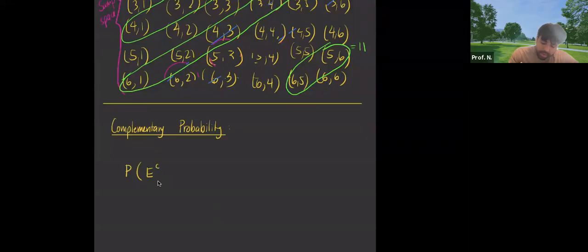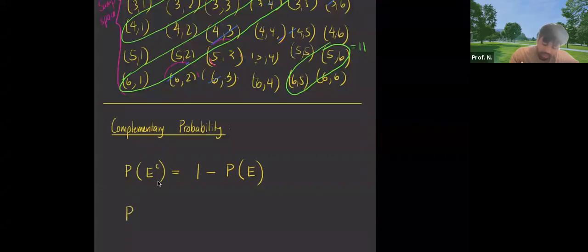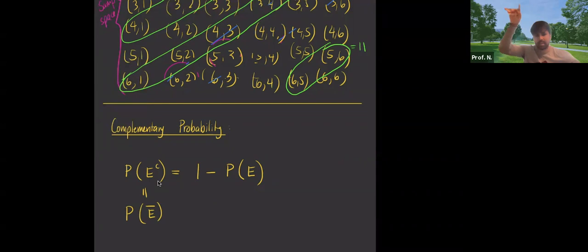If I want to find the complement of a set E, then it's the same thing as saying 1 minus the probability of E. And sometimes we like using the notation E with the bar over it. So these two things are the same, okay? If you see E or a set with a bar over it on top, it's the same thing as saying the complement.